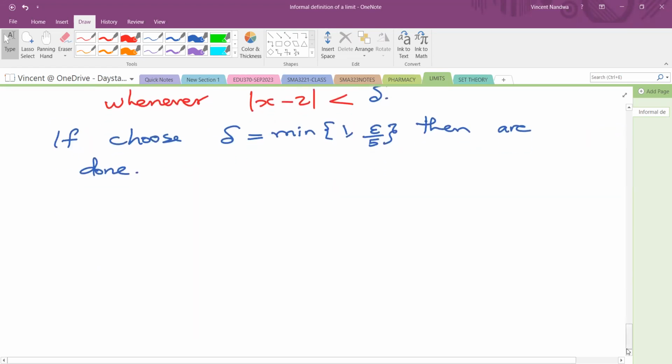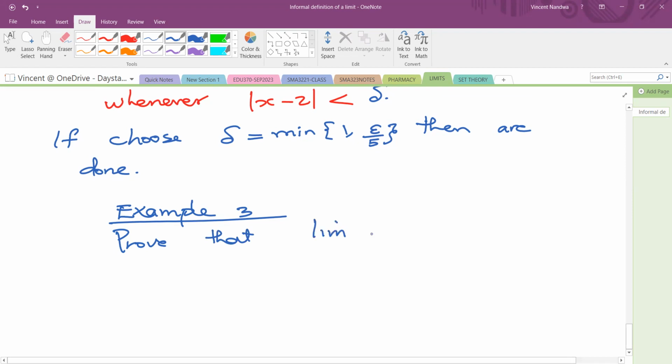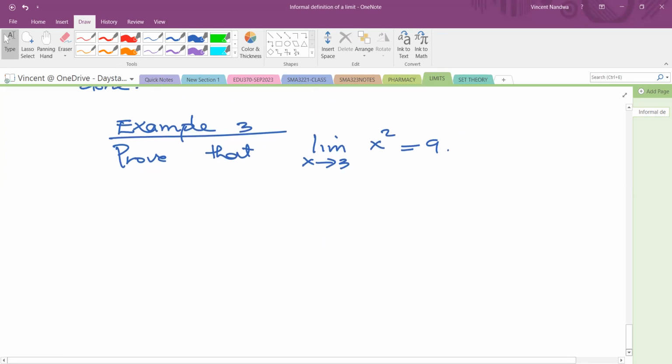To appreciate what we have done, let's also give another example, example 3. Prove that the limit of x squared as x approaches 3 is equal to 9. So we'll follow the footsteps of example 2. And so we say, let epsilon greater than 0 be given.